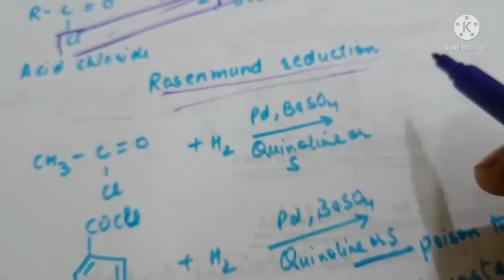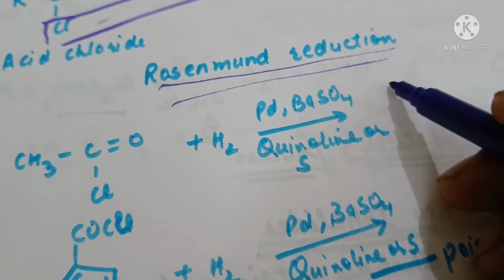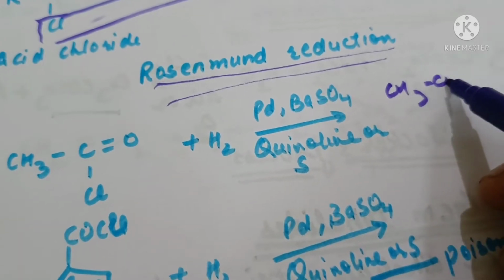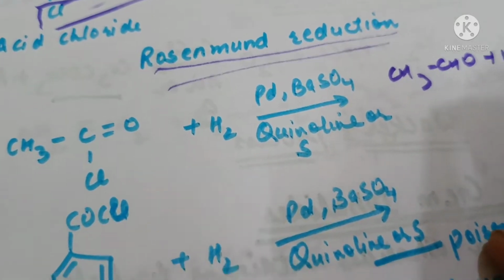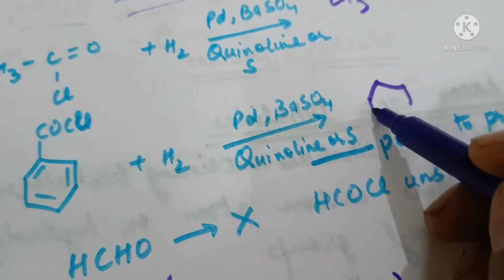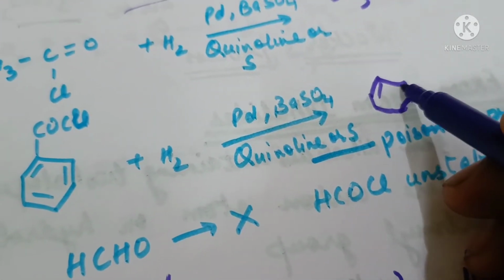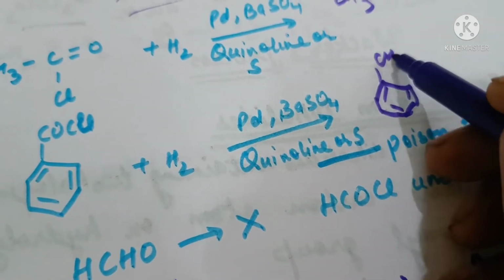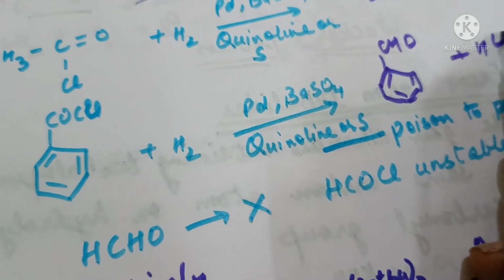Similarly, acetyl chloride with hydrogen, we get CH3CHO and HCl, and benzoyl chloride with hydrogen, we get benzaldehyde and HCl.